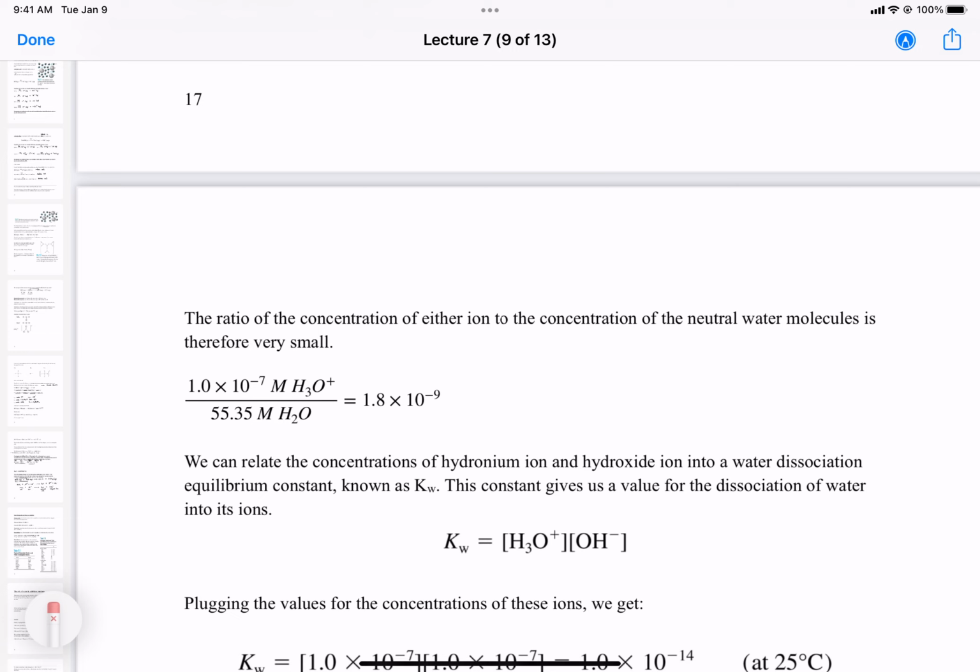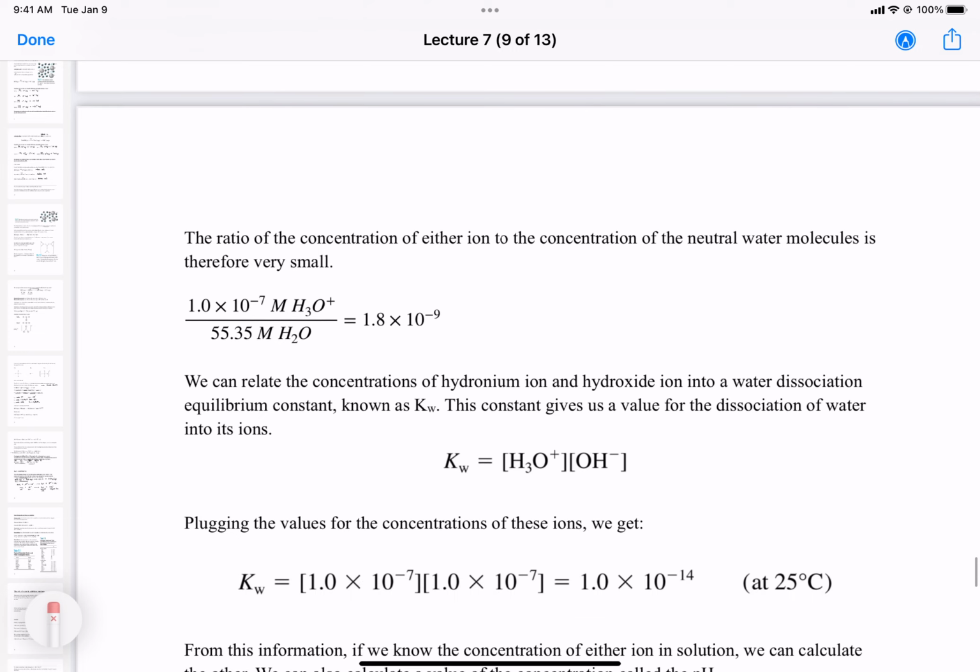So if we plug in this equation here, Kw equals the concentration of H plus times the concentration of OH minus, we can say they're approximately the same, 1 times 10 to the negative 7th, 1 times 10 to the negative 7th, and usually we don't include units when we're calculating a constant like this, so I omitted them. So it's going to be 1.0 times 10 to the negative 14th at 25 degrees Celsius. So that's a very weak acid.